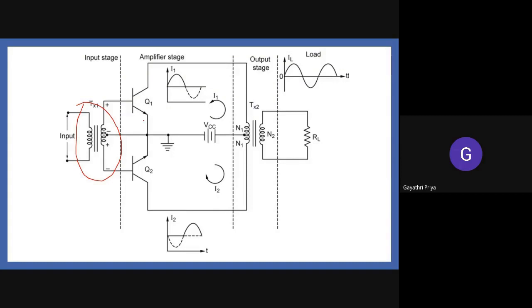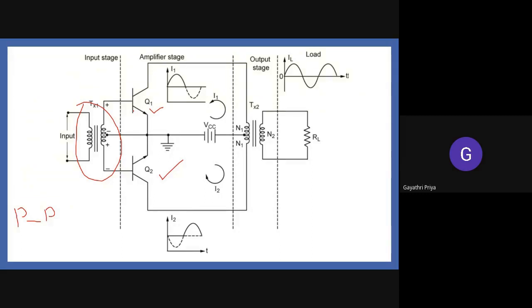So this is a Class B power amplifier. In this, I have two transistors, Q1 and Q2. As already told, in a push-pull Class B power amplifier, one transistor will be pushing the network, the other will be pulling the network. Both the transistors are NPN transistors.